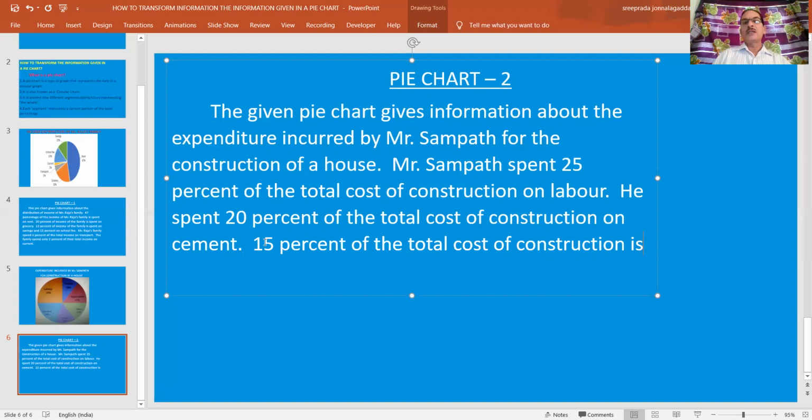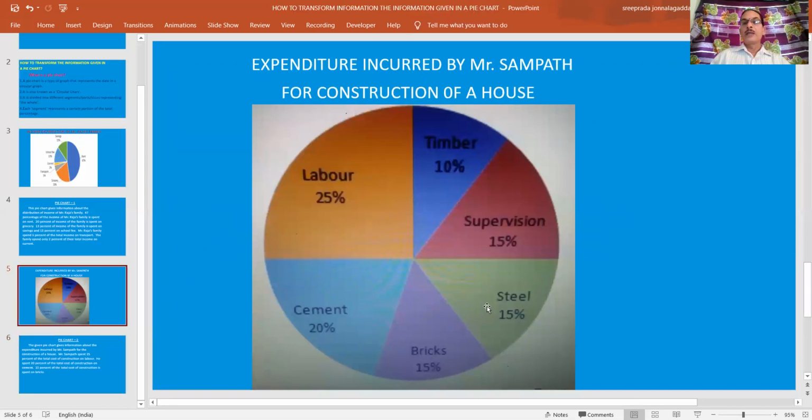He spent 20%, that is in active form, and now 15% of the total cost of construction is spent on what? Bricks. And then 15% on steel and 15% on supervision.